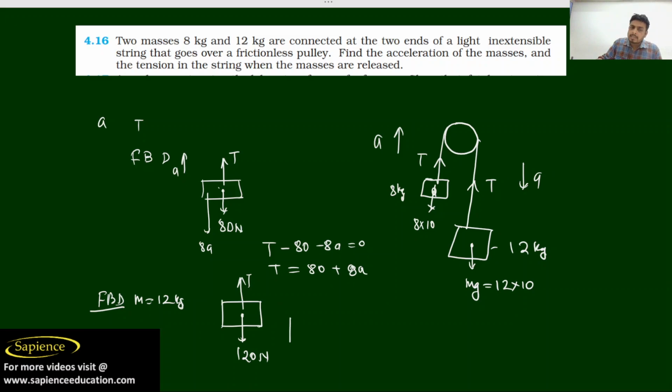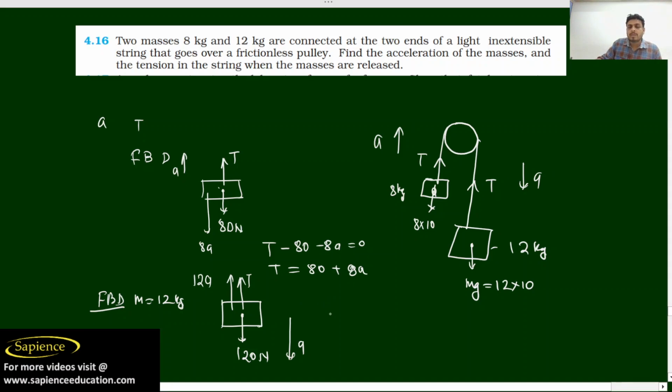Since acceleration is downward, we need to add a pseudo force like this, which is equal to mass, that is 12 into acceleration. So all three forces we can equate here. Tension plus 12A minus 120 is equal to 0. So tension can be written as 120 minus 12A.